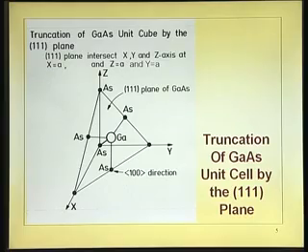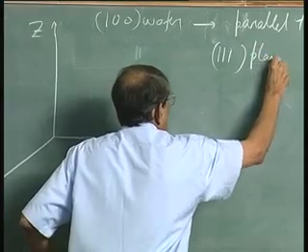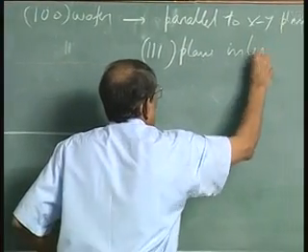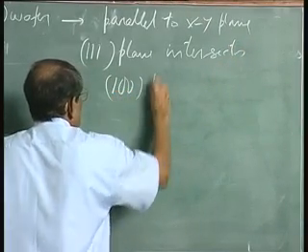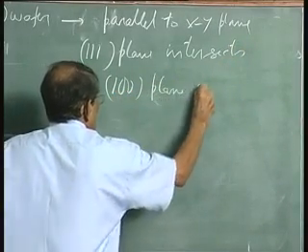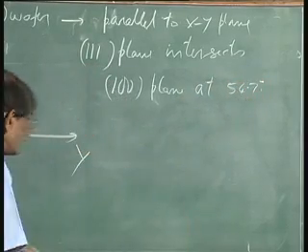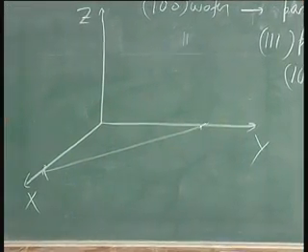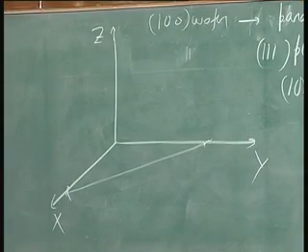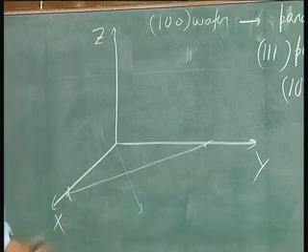So, 111 plane intersects 100 plane at 54.7 degrees, and it intersects it here. That is called 110 direction. That is 110 because a line drawn perpendicular to that is 110. So, it is 110 direction that plane.